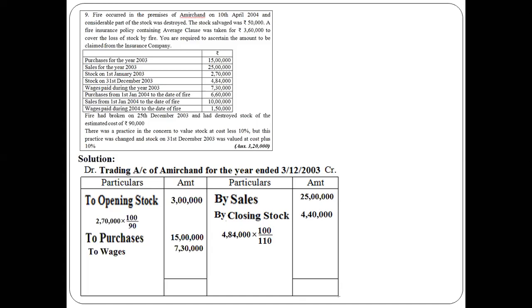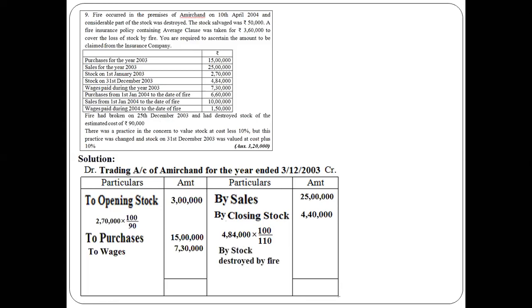So once we calculate closing stock, then we close the ledger account, right? Sorry, one more item here. We forgot to take it up. See, on 25th December 2003, 90,000 material has been destroyed. Whenever the loss is incurred through fire or any kind of theft or whatever it may be, that material should be credited to the trading account.